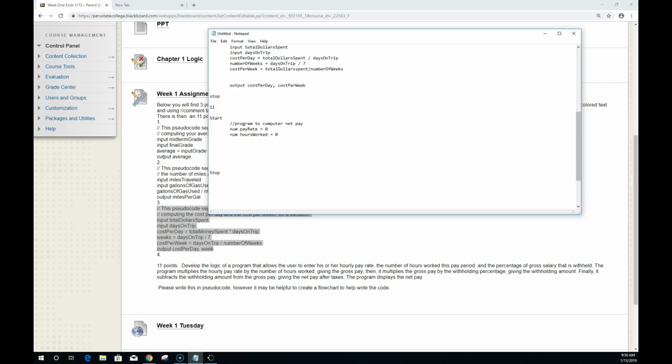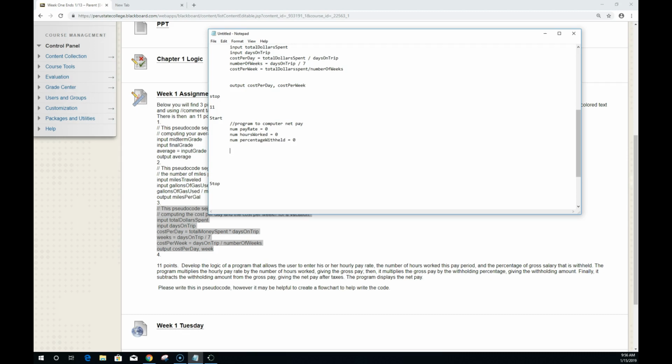We also are going to input one more thing. And what's that? Percentage withheld. Percentage withheld. So number. I know we need these three variables.